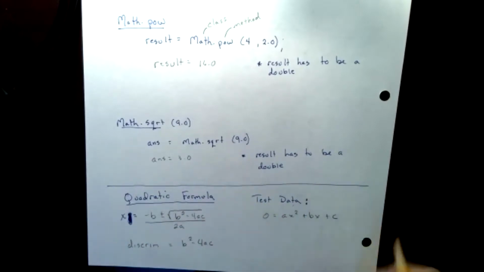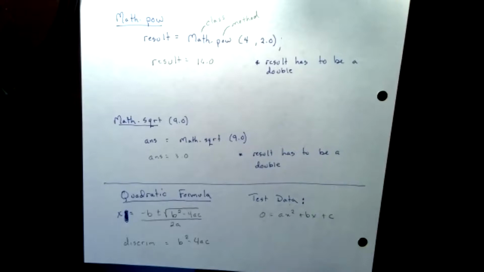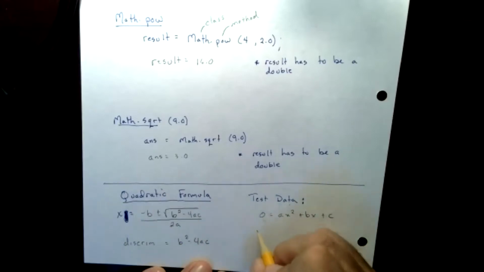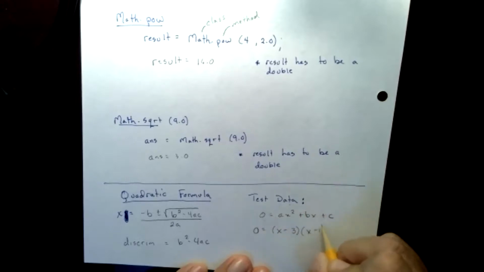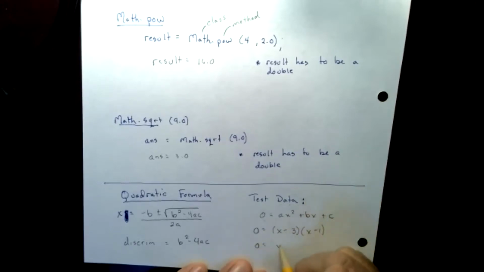Okay. So before I even try to write a program, I need to make sure I know what's going on. And this is the roots. This is something like, if I factored it into x minus 3, x minus 1, for example, 0 equals x squared minus 4x plus 3.